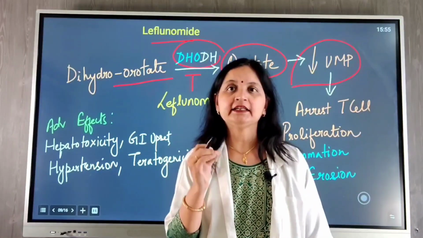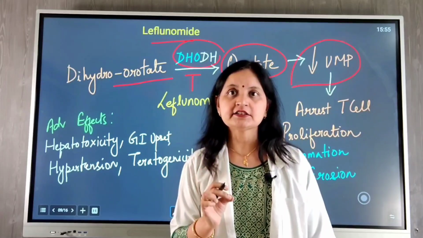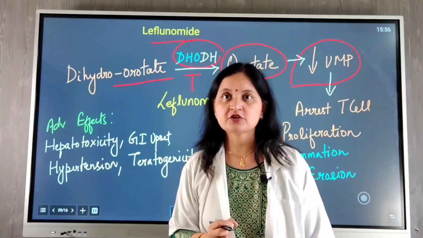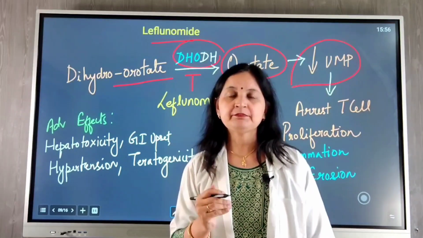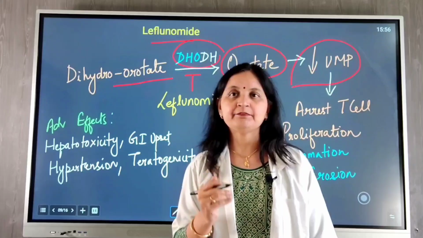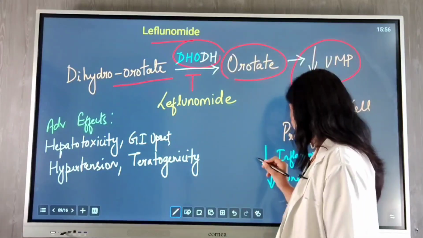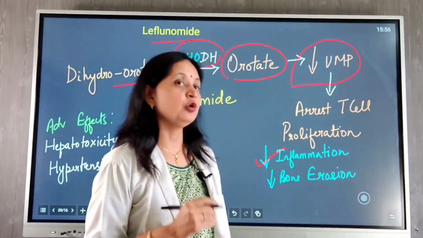So by inhibiting dihydroorotate dehydrogenase enzyme, it decreases the synthesis of a precursor which is essential for the DNA and RNA synthesis of lymphocytes, and thereby it inhibits the T cell multiplication and blocks the T cell replication and controls the immune response, controls inflammation, decreases the bone damage, decreases the erosion to the bone.